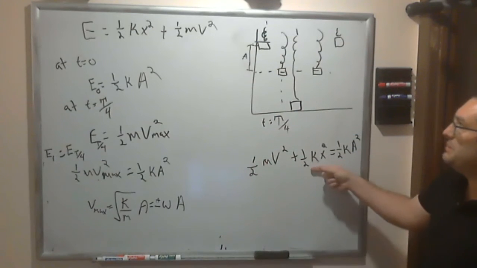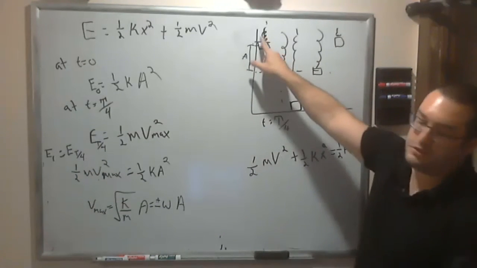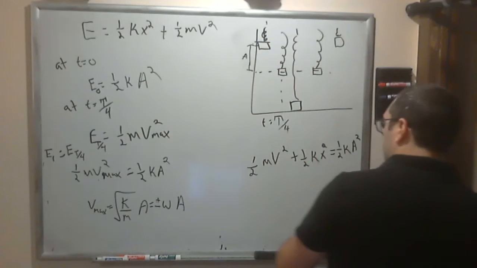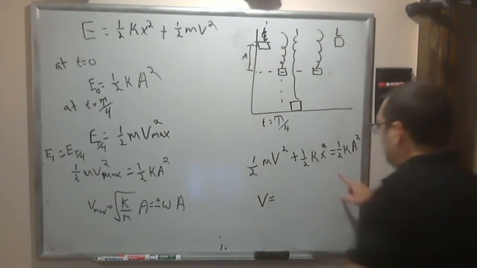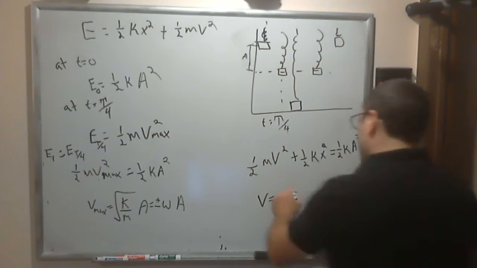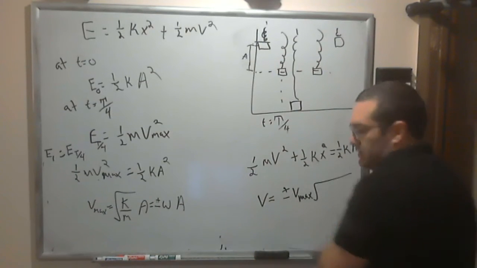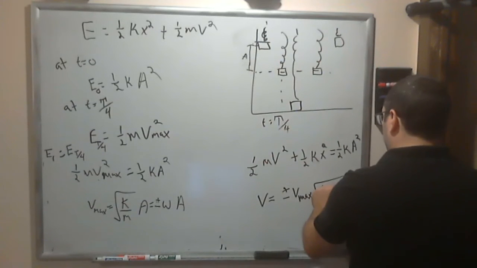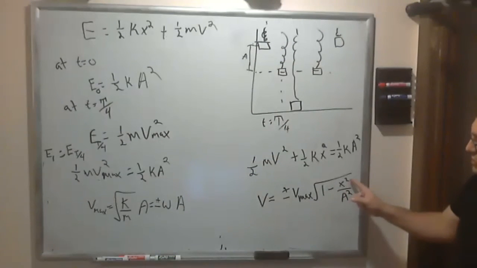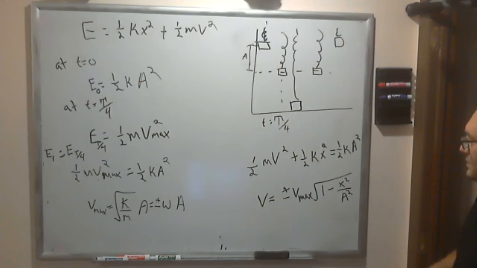The energy at any given position is equal to the energy at one of these extreme points in the oscillation, right? And then if we solve for v in terms of x, we'll find that the velocity at any given point is equal to v max times the square root of 1 minus the position over A squared. Okay.